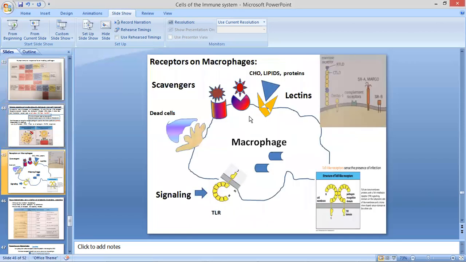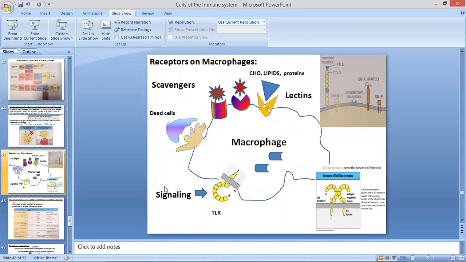So if you look at the receptors on the macrophages, there are many different types of receptors for recognition of carbohydrates, lipids, and proteins. There are scavenger receptors to clear the debris or the dead cells from the body, or the dead microbes from your tissues.